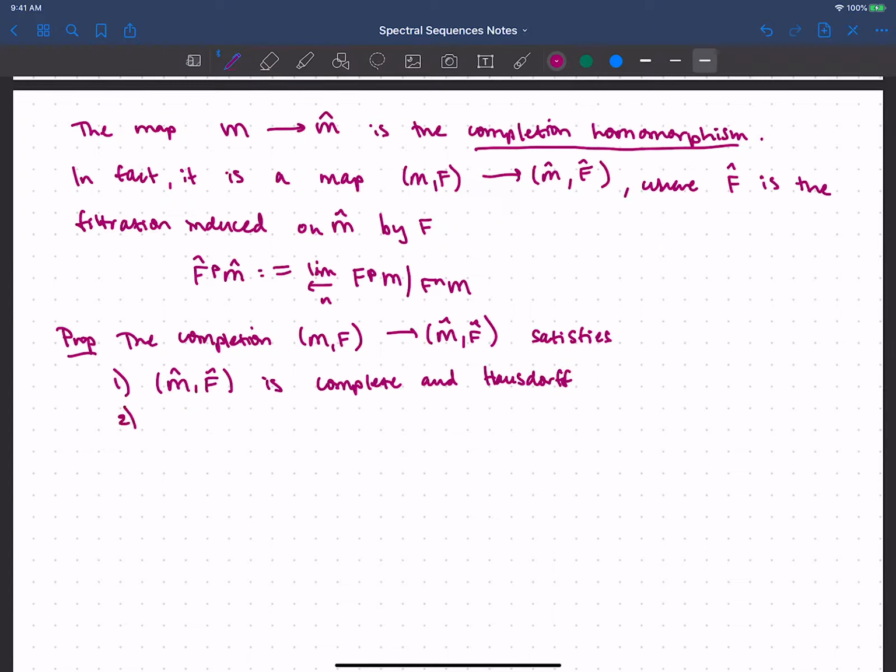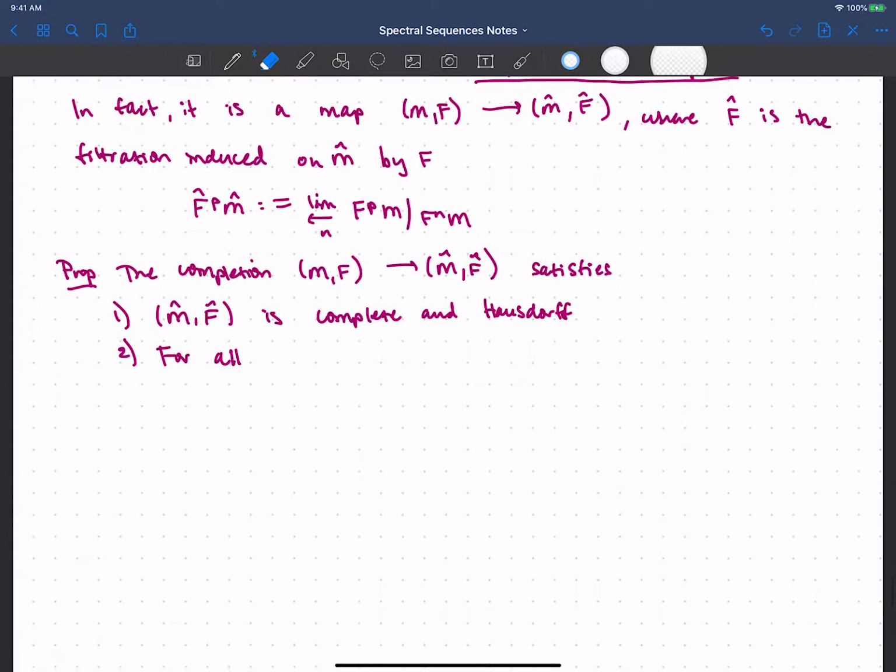For all n greater than or equal to p, there's a nice comparison between the filtration quotients in the completion and the filtration quotients of the original thing. Namely, those are isomorphic. Okay, so that's nice.